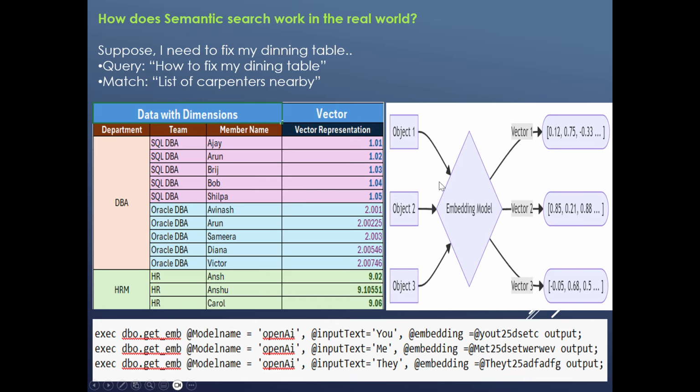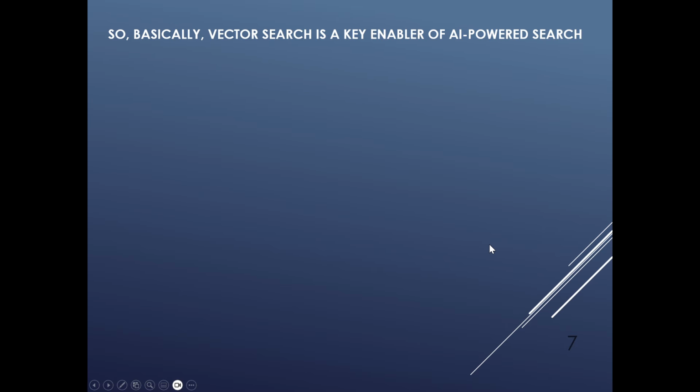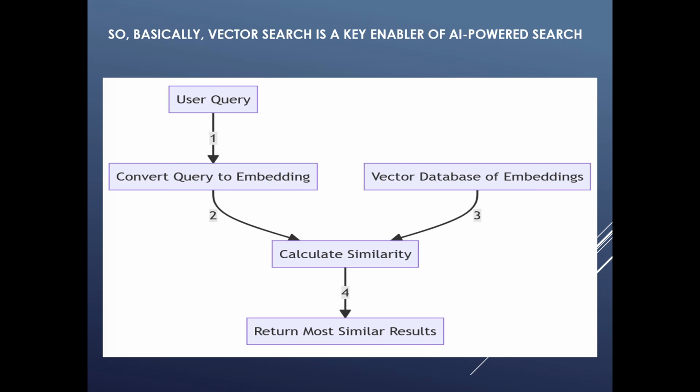SQL is just storing the data. How it is related and how it is interpreted is all done by AI, which works on top of these vectors. Vectors are numerical representations of data, typically generated by machine learning models to capture semantic meanings.